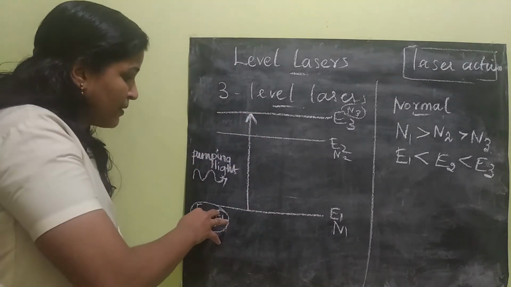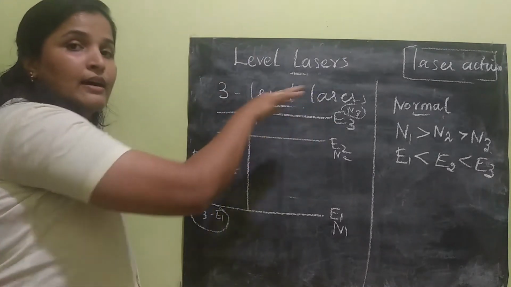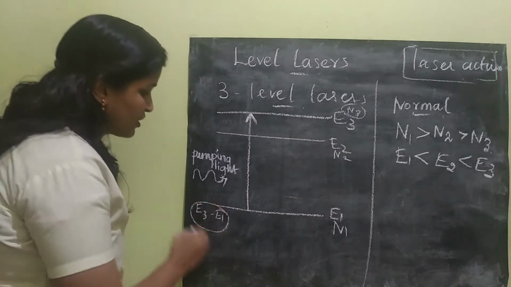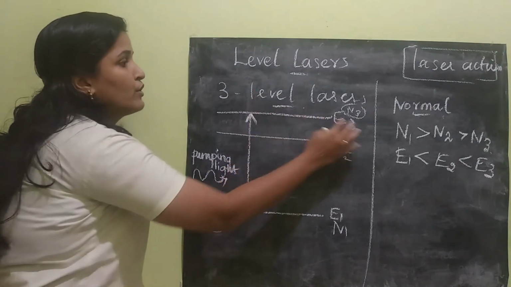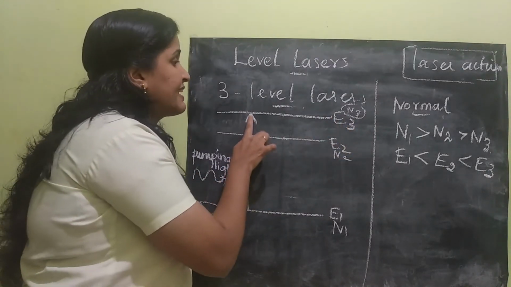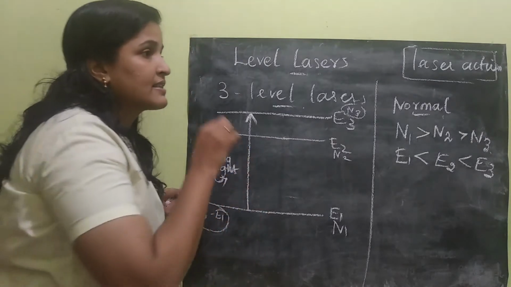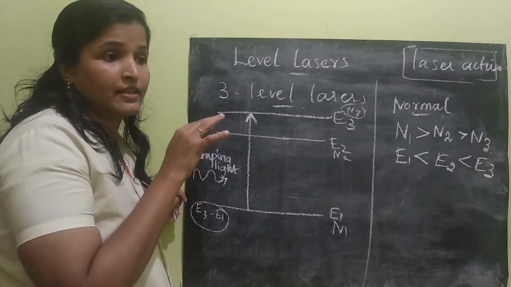Understood? Based upon how much energy it is getting, it will be pushed to that particular energy level. So based on the energy I am giving, it will absorb the energy and go to E3.